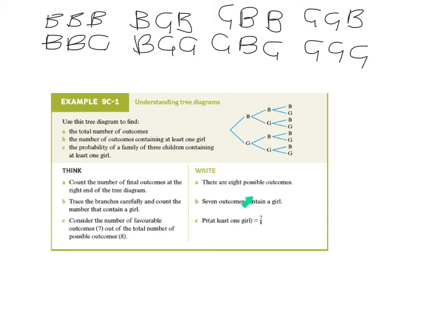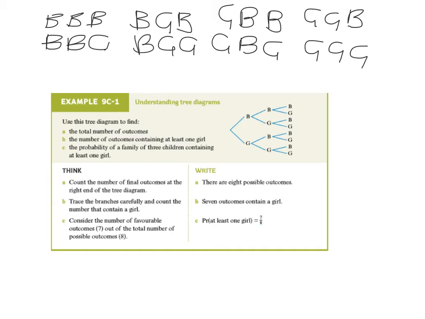So therefore, we've got 7 outcomes that contain a girl. Consider the number of favorable outcomes. So when they say the probability of a family of 3 children containing at least one girl, out of all the outcomes, there's 8. So we put our fraction over 8. 7 of them could contain a girl. So our answer is 7 over 8.